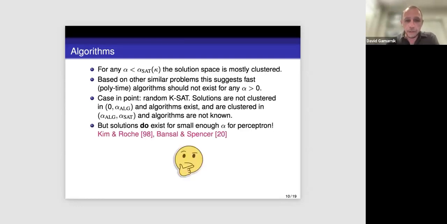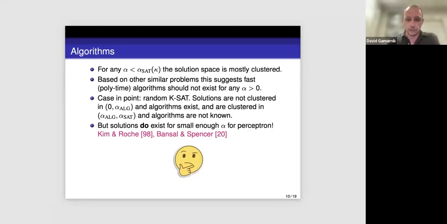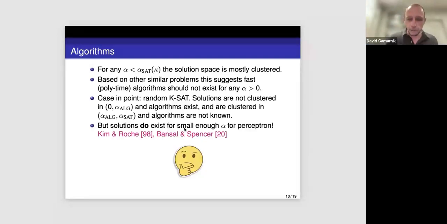Okay, but the puzzling thing, and this is where the curiosity of this model comes into play, is that algorithms actually do exist for this model for some small enough alpha. And there's a couple of versions of it. The most relevant one, and also the most recent one, is the paper by Bansal and Spencer. It's somewhat related to the discrepancy work that Nikhil Bansal and Bansal and Spencer have done.